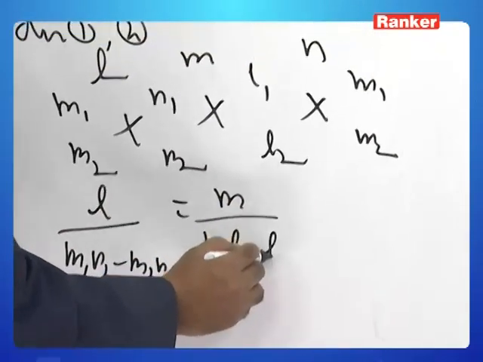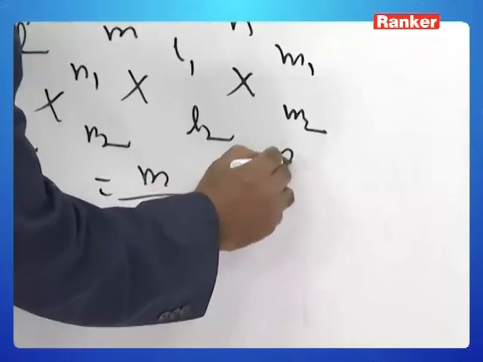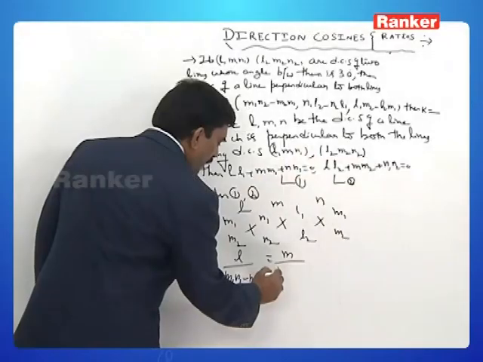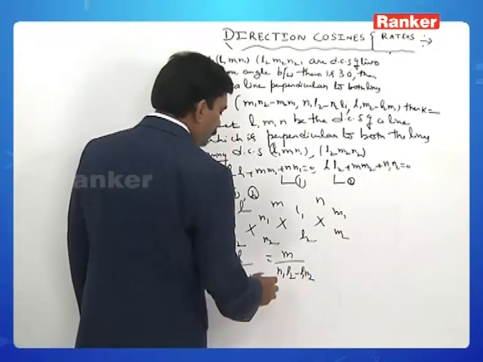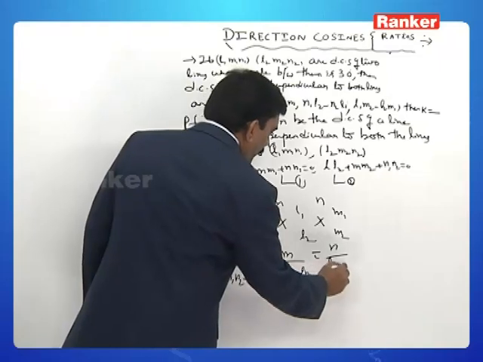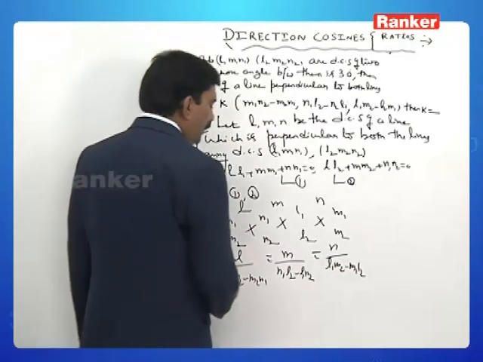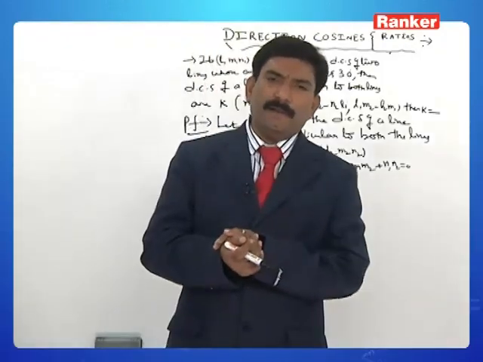Now you find l by m1 n2 minus m2 n1, m by n1 l2 minus n2 l1, and n by l1 m2 minus l2 m1.